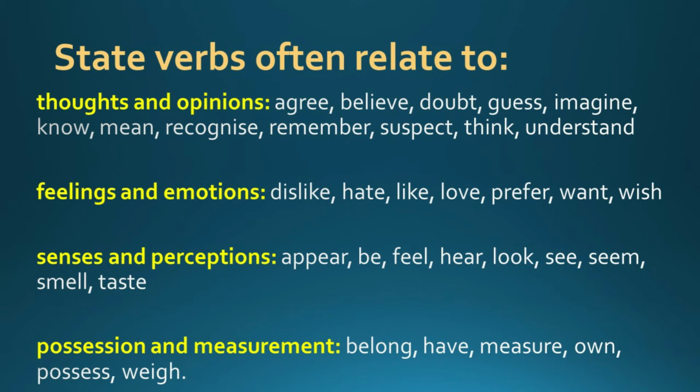In feelings and emotions, you have love, prefer, want, like. In senses and perceptions, you have smell, taste, look, see. And in possession and measurement, you have belong, have, own, etc.